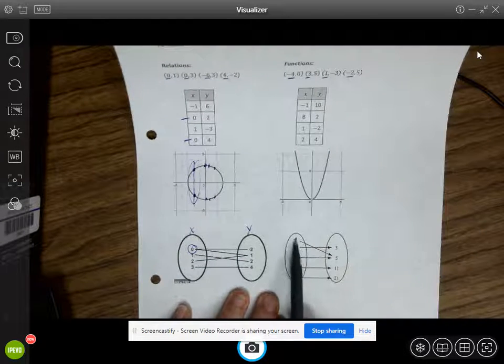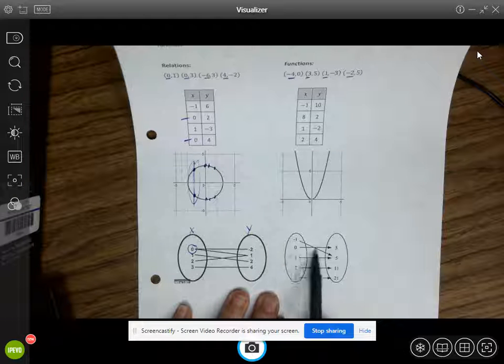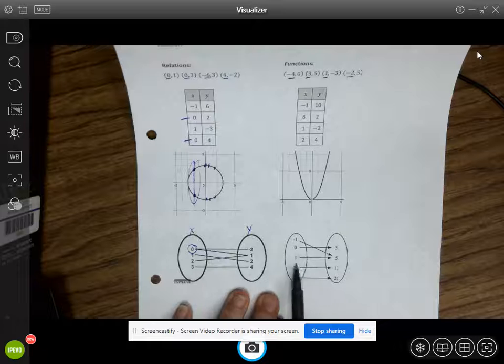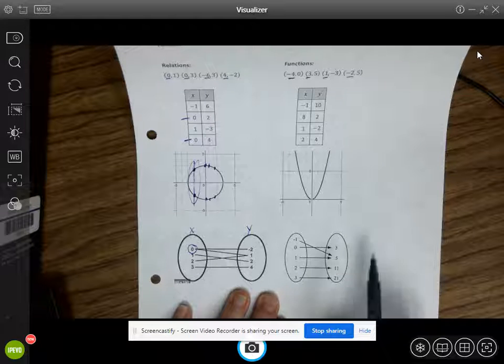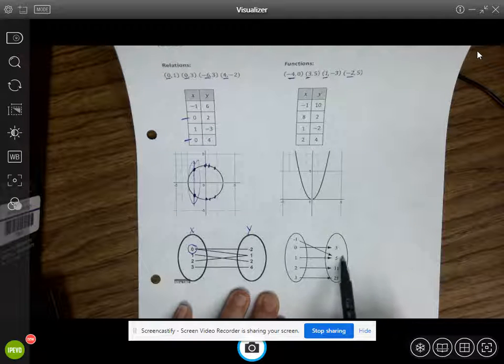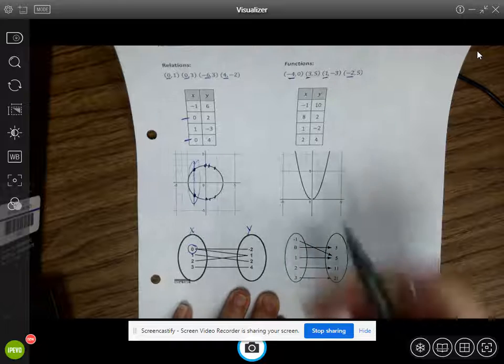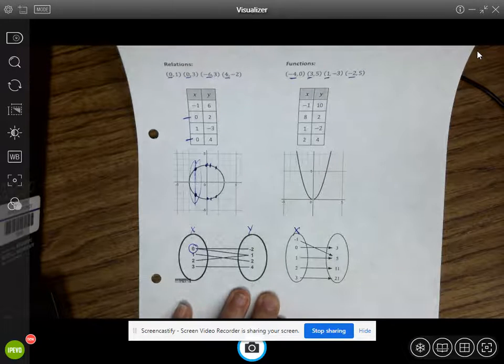When I look here, I've got one line coming out, one line, one line, one line, and one line. This is a function. It does not matter that there are 2 going to 5. All we care about are the x's.